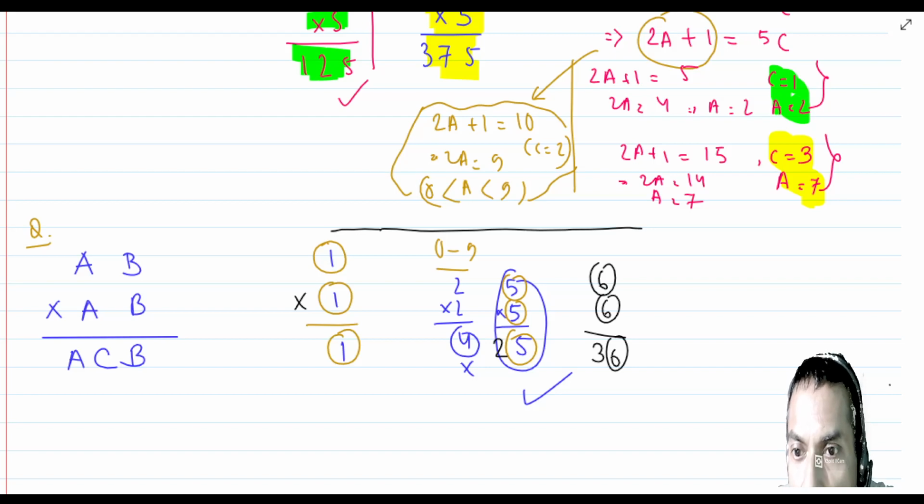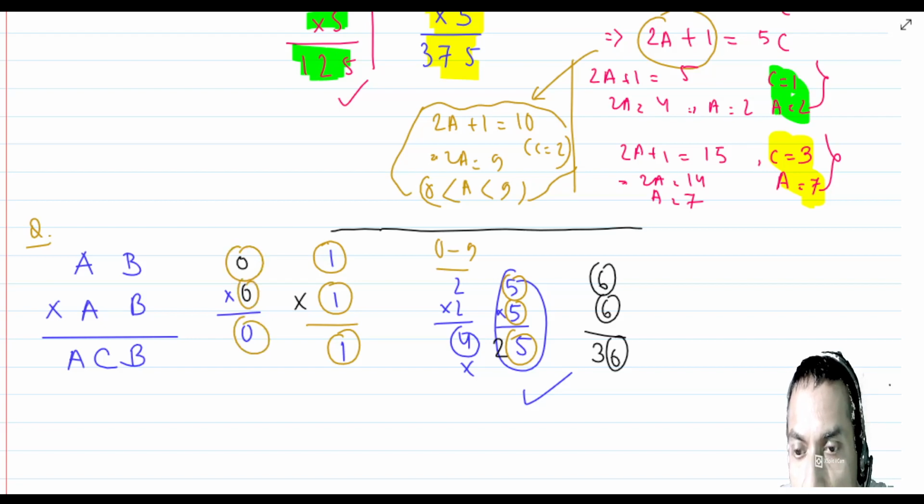Okay, and if we consider 0 also, 0 multiplied by 0, it is possible. If we multiply 0 with 0, we get 0, that is fine. Means 10 10, you do it, this is also possible, correct?